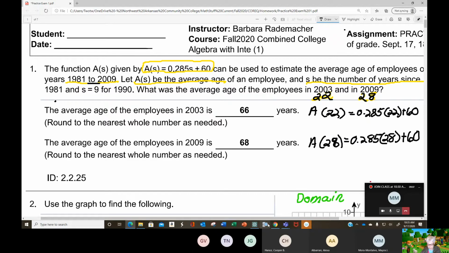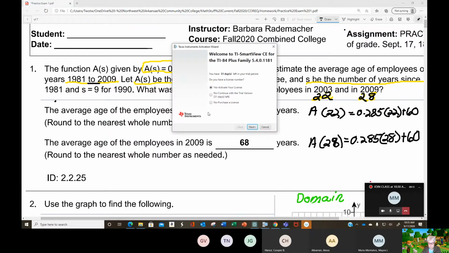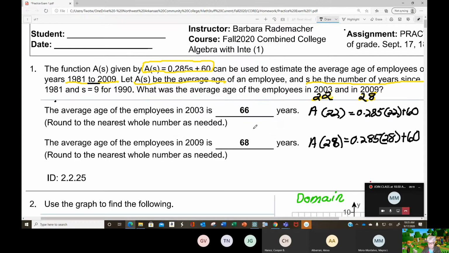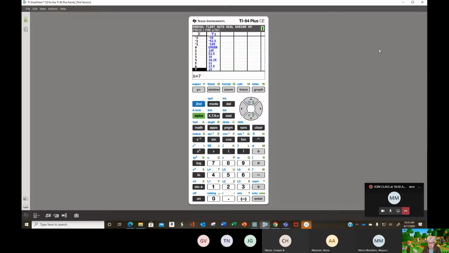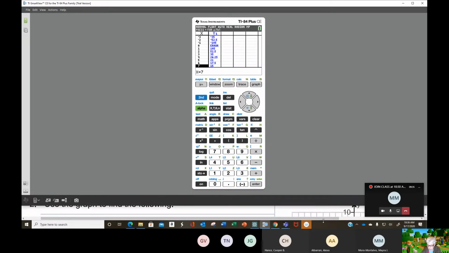So let's do that. I should have called up the calculator. I want to know why I can't.